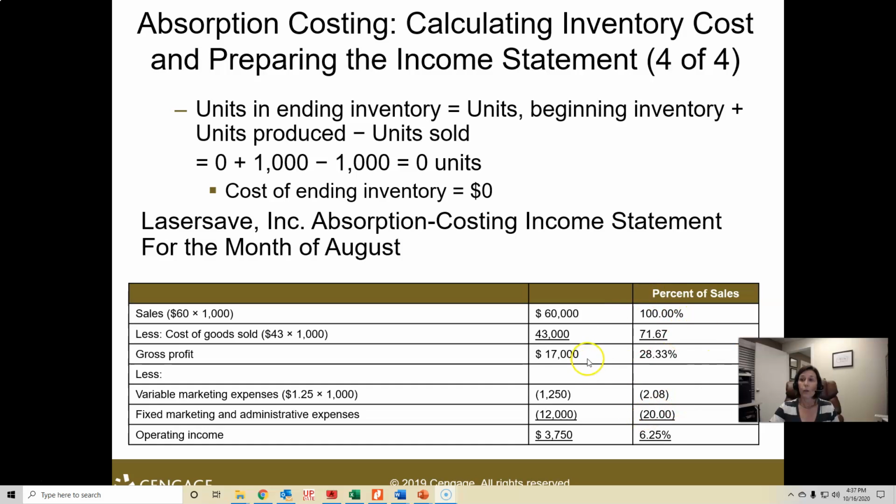And now looking at the income statement approach of having sold the 1,000 toner cartridges at $43 a piece, we've got a cost of goods sold of $43,000, and that gives us a gross margin of 28.33%, and an operating margin of 6.25%.